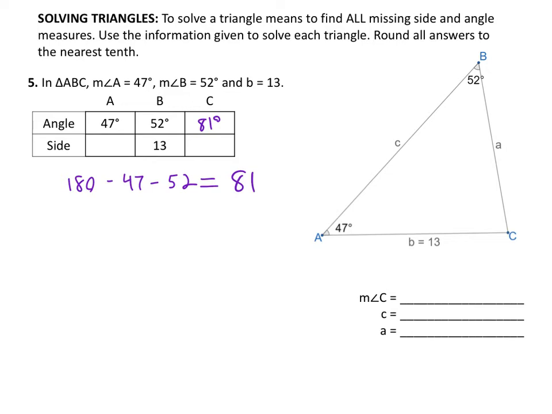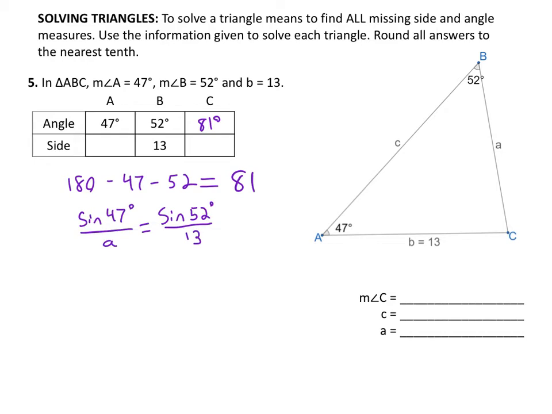We're definitely going to use the law of sines to find side A and side C, because we have B fully filled out, the numerator and the denominator, so that's going to be our scale factor. Let's solve for A first.